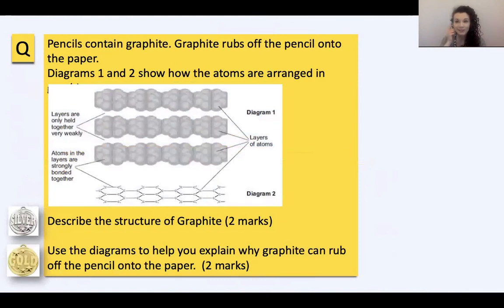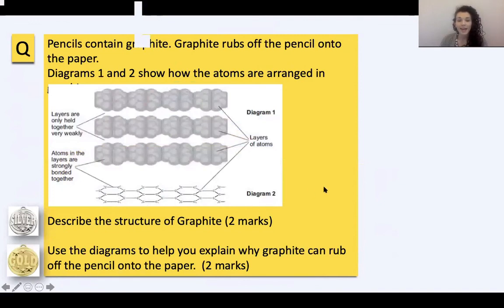Okay, last set of practice questions for you. You're doing brilliantly. So pencils contain graphite. Graphite rubs off of the pencil onto the paper. Diagrams 1 and 2 show how the atoms are arranged in graphite. So here you can see the layers of graphite, and if you zoom in to look at a layer of graphite, it's made up of carbon atoms all covalently bonded together.